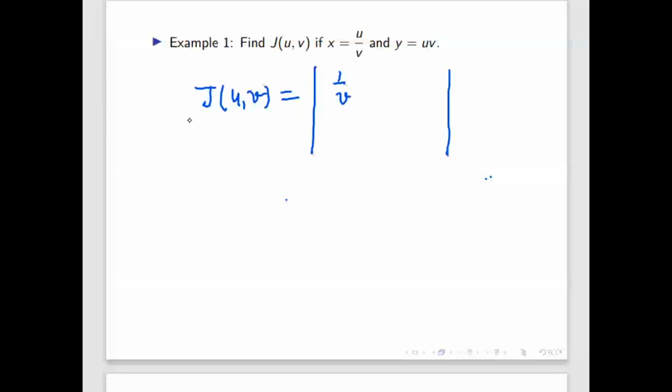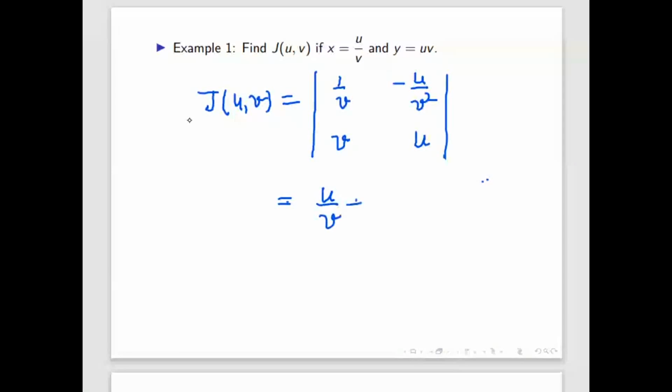Then with respect to v, it is minus u by v square. Then we will differentiate y with respect to u. It will be v, and this will be u. So now just find the determinant: u by v plus u by v. So it will give 2u by v. You can see the Jacobian of this transformation.